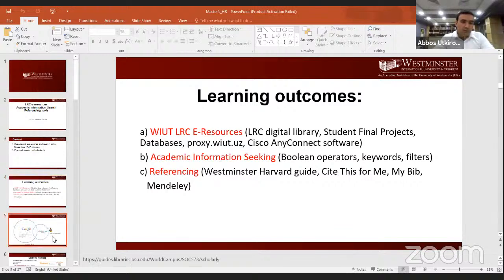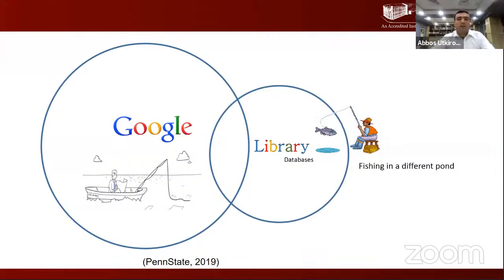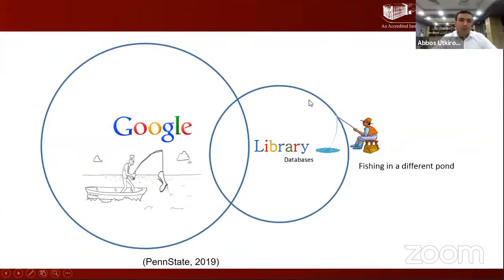Before we start, I just want to concentrate your attention on this picture. Can you see the picture on this screen? Can everybody see? Yes. Okay, then what do you think? What is the difference between Google and the library database here?